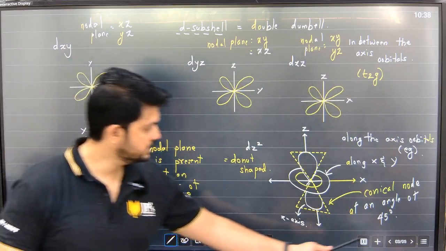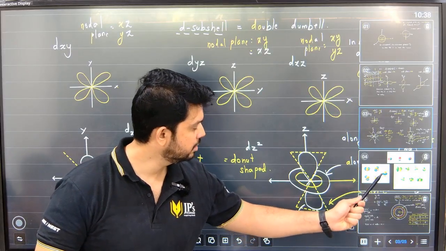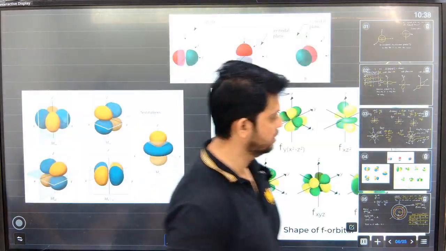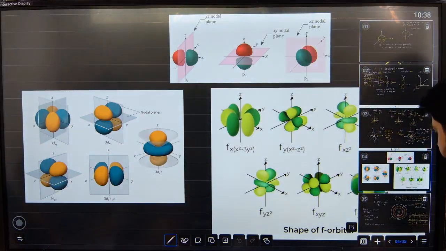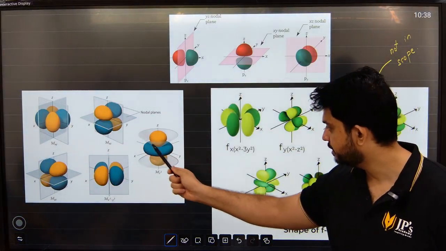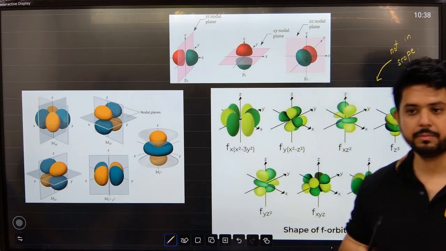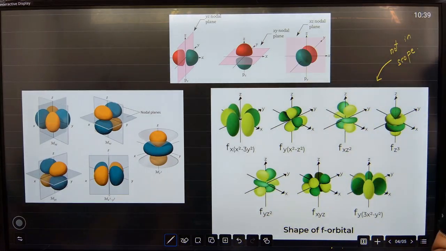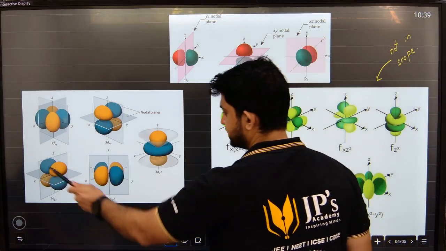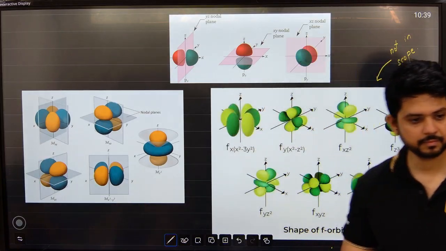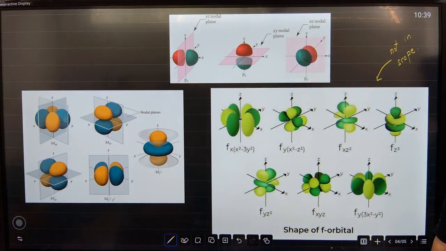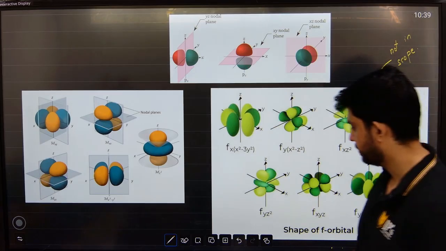If you want to visualize these, this is the cone where the probability to find the electron is 0. And these are the different nodal planes. Did you people get that? Chalo.